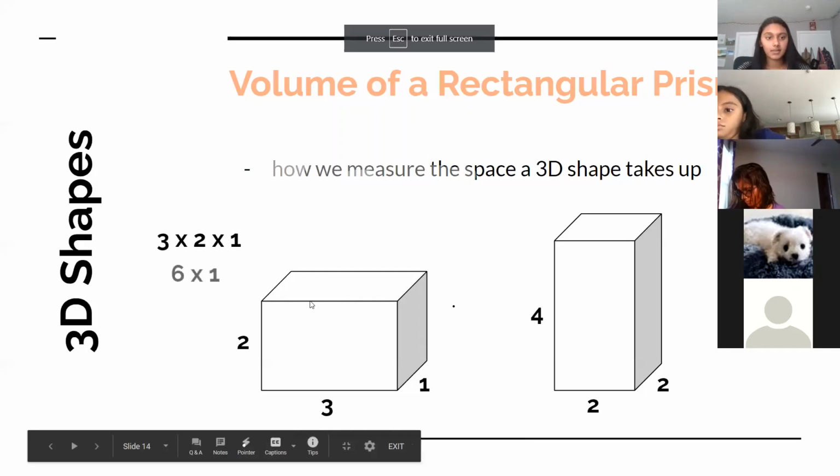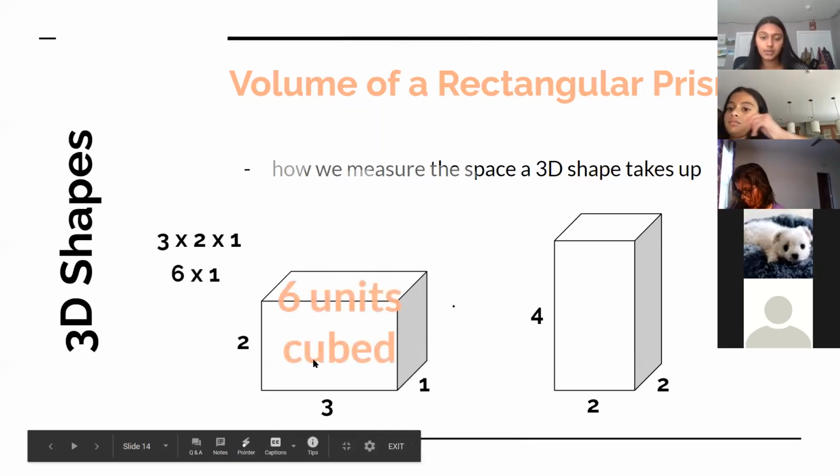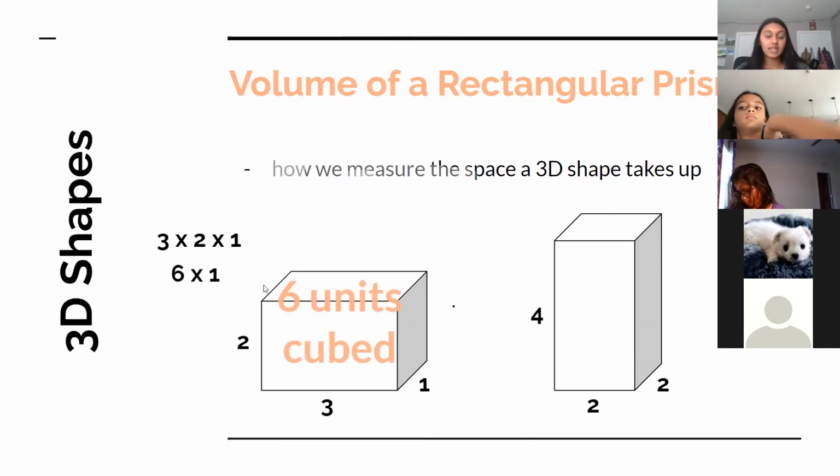So we have 6 units cubed. And that's because when it's a 3-dimensional shape, when we're doing volume, meaning there's more than one plane, we say cubed at the end with our units. So it'll be 6 inches cubed, 6 feet cubed, whatever units you're using.